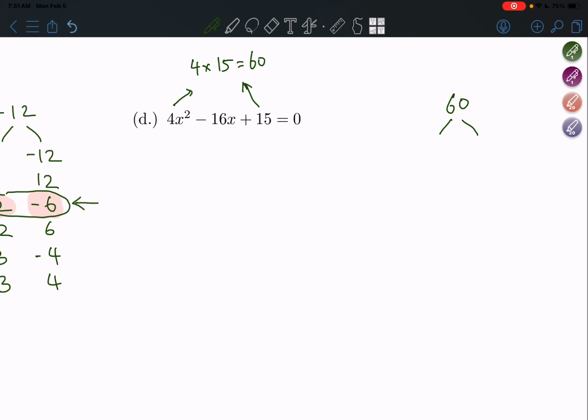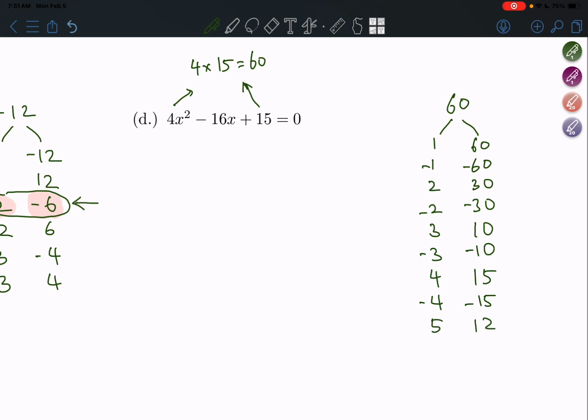60: 1 and 60, negative 1 and negative 60, 2 and 30, negative 2 and negative 30, 3 and 10, negative 3 and negative 10, 4 and 15, negative 4 and negative 15, 5 and 12, negative 5 and negative 12, and 6 and, oh, I derped there earlier. 3, of course, and 20.